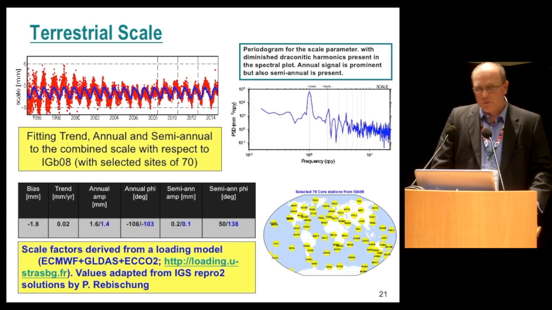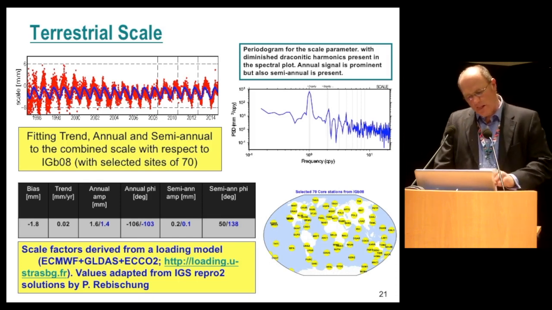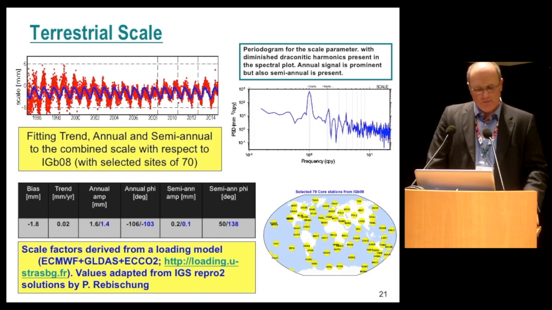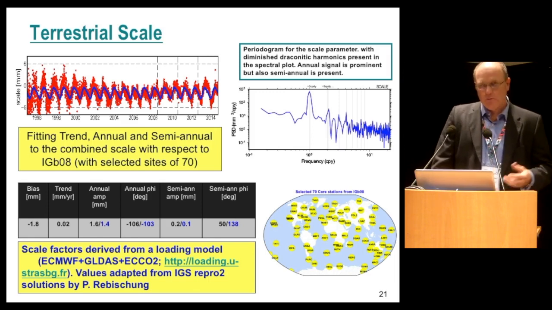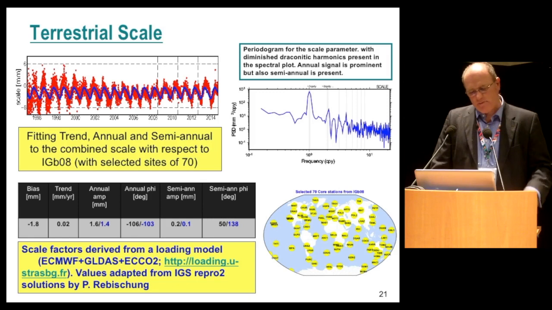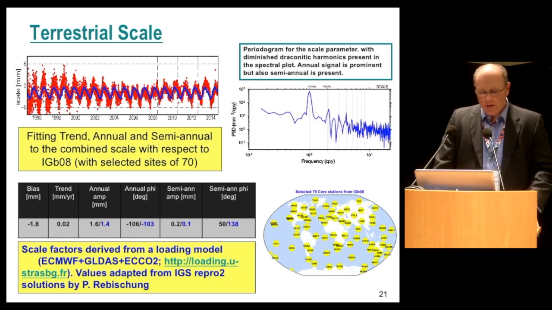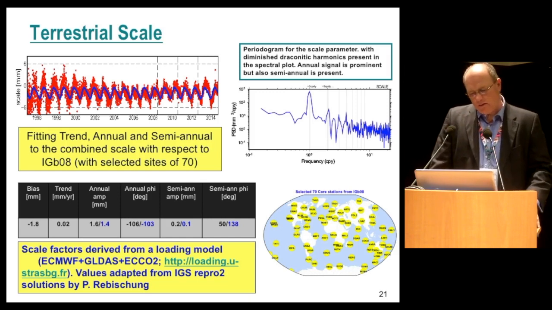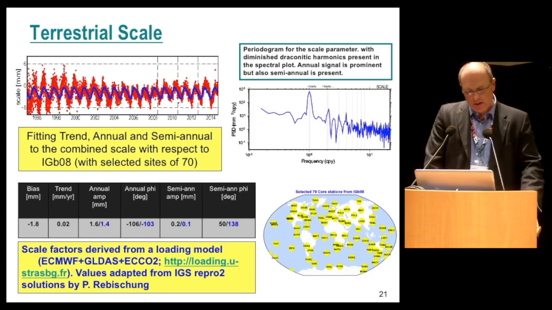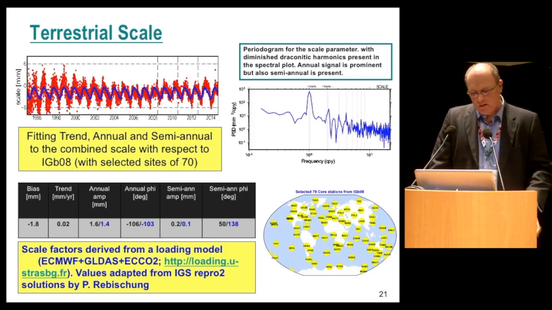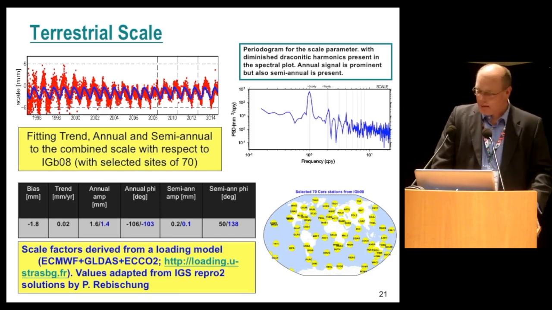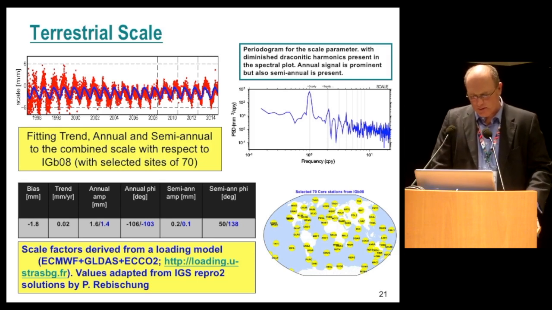We've taken the approach by Paul Rebischung to take those values for a loading model that have been prepared for ECMWF, GLDAS and ECHO2, and in fact the values compare fairly well with the values we have obtained. On the top right, we see the periodogram or the power spectra again of the scale parameter, where we also have this very strong yearly component, the semi-annual component, and also some peaks in the harmonics.